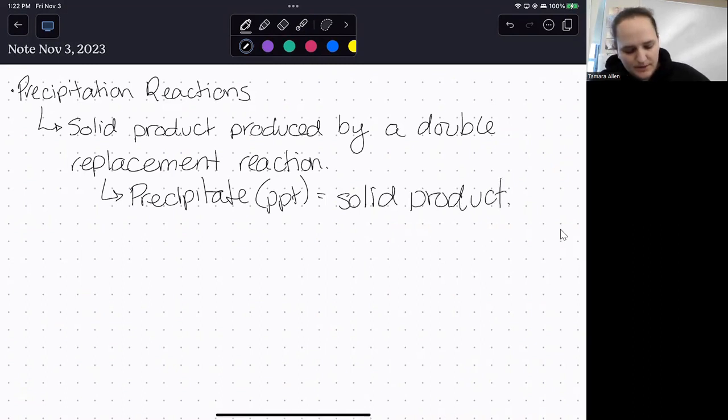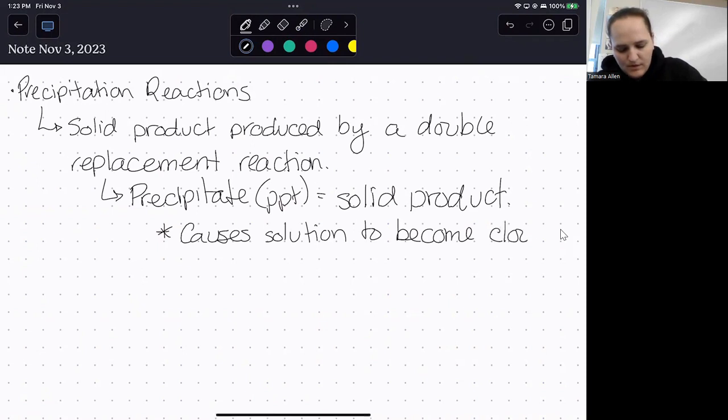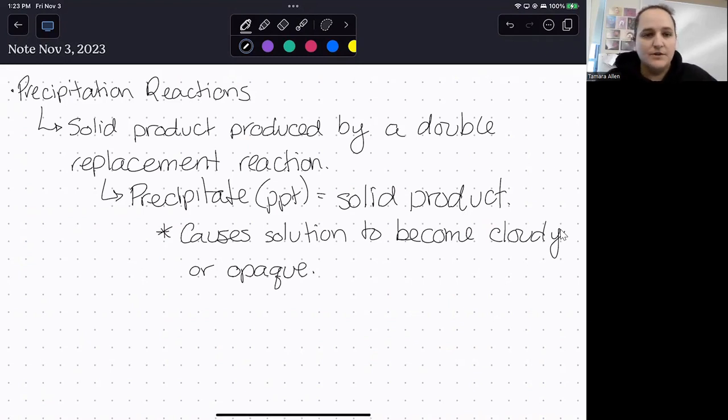And when a precipitation reaction happens, when a precipitate forms, it causes the solution to become cloudy or opaque. So we know that double replacement reactions usually occur between two solutions of different substances.